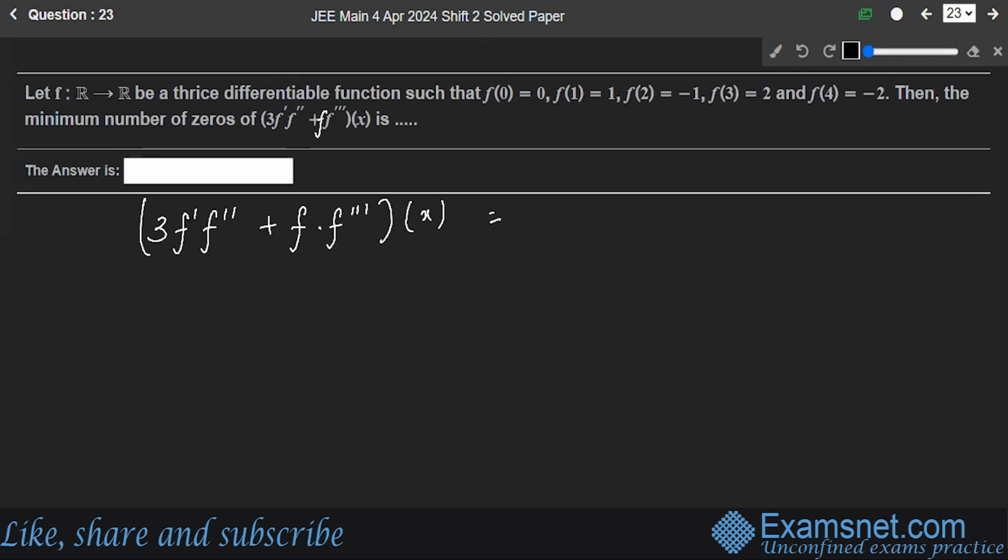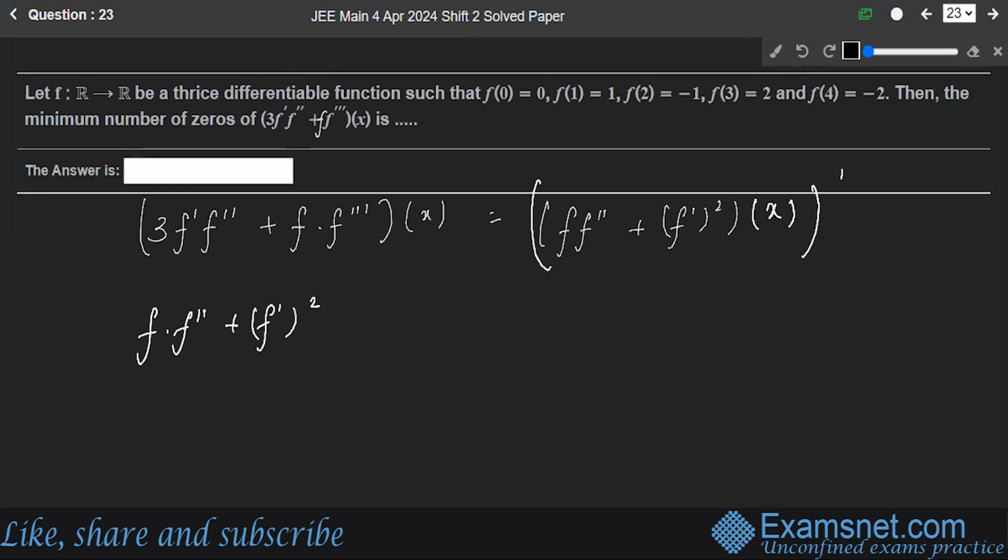Now see, through practice you can easily find out that this is actually the derivative of f into the second derivative of f plus this. This is the derivative of this function. And if I look at this function, f into f double dash plus f dash square whole x, this is the derivative of f into f dash of x.